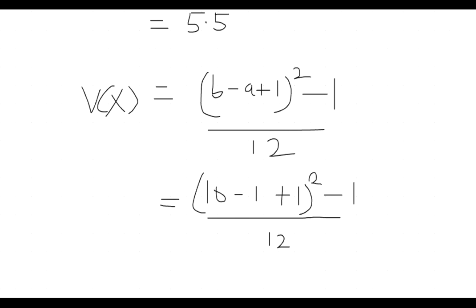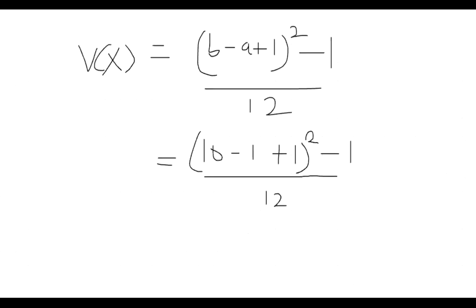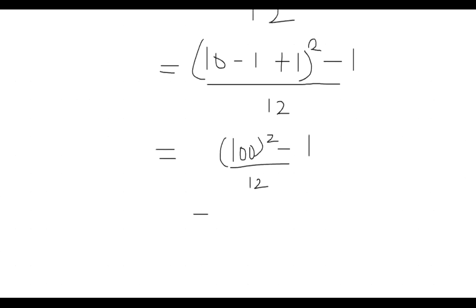So we will have it to be 10 squared, that's 100, minus 1 over 12. And that is going to give us 10,000 minus 1 over 12.